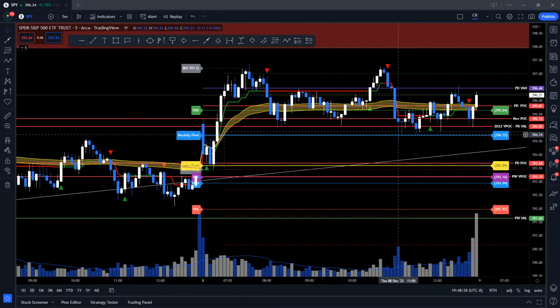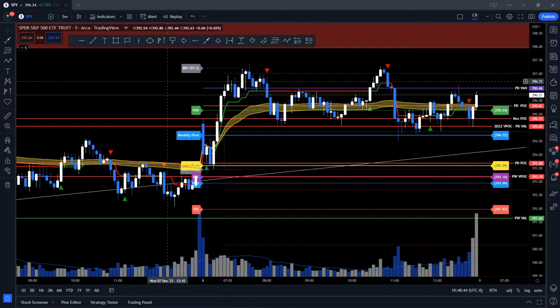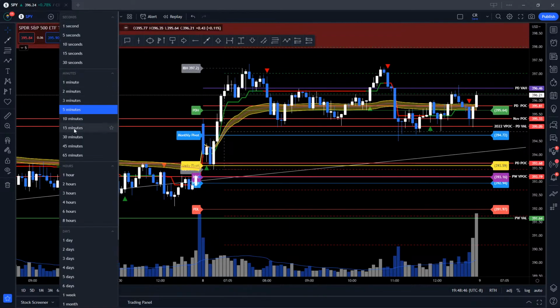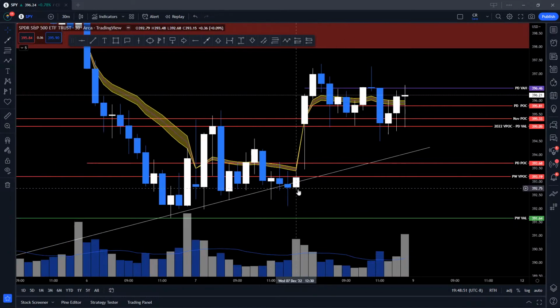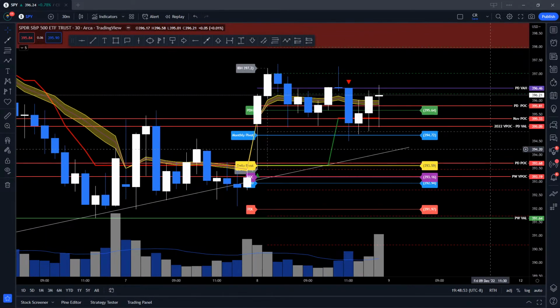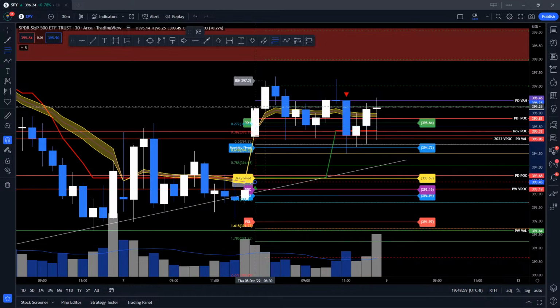And for the ORBs, you can actually just draw your fibs. If you go to 30-minute candles, your first 30-minute candle of the day, if you were to grab your fibs and then grab the top to the bottom, that's going to give you your levels to the downside.